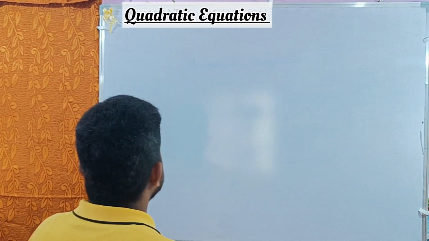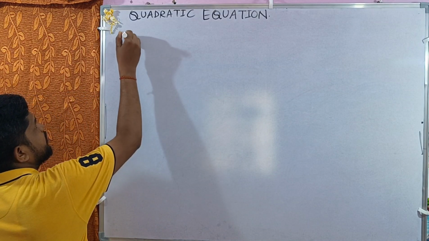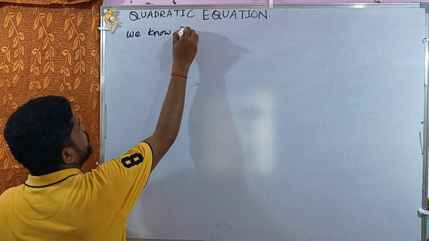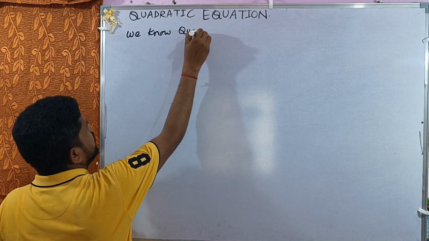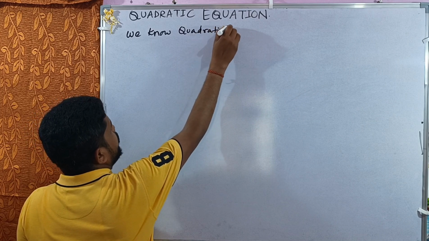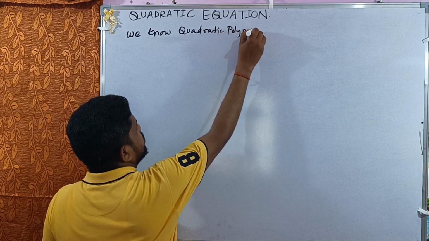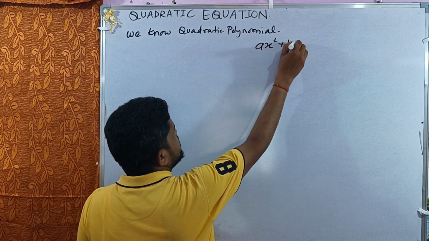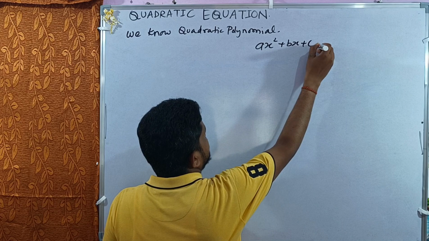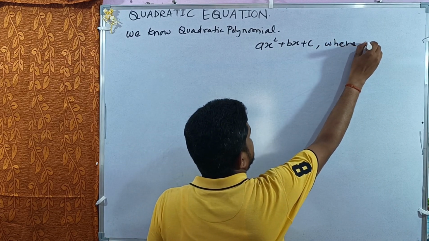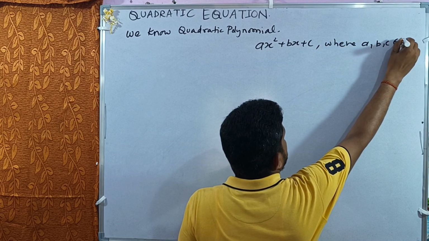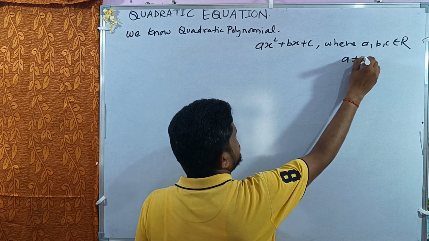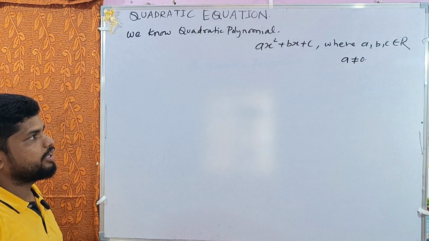So basically, dear students, quadratic equation. So we all know what is quadratic polynomial. Any equation which is in the form of ax square plus bx plus c, where a, b, c belong to the real numbers and a should not be equal to 0, is said to be a quadratic polynomial.